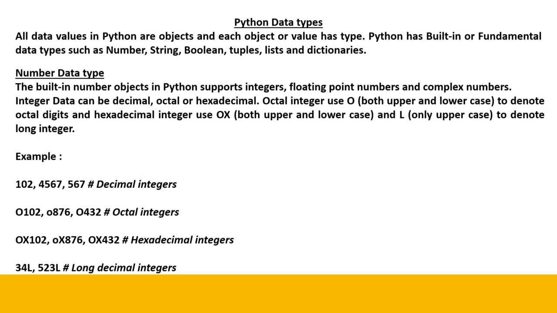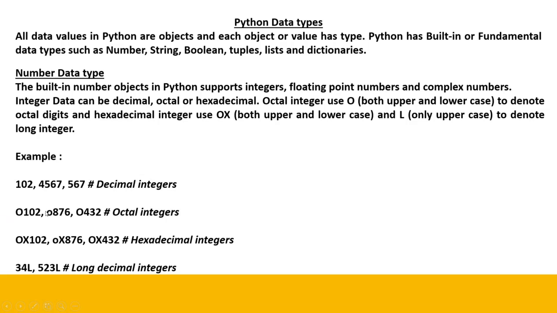So here are some examples: 102, 4567, 567. All these are decimal integers. They are not floating point numbers, not octal numbers, and not hexadecimal numbers, so there is no prefix with them.